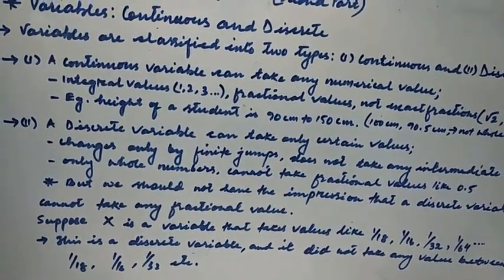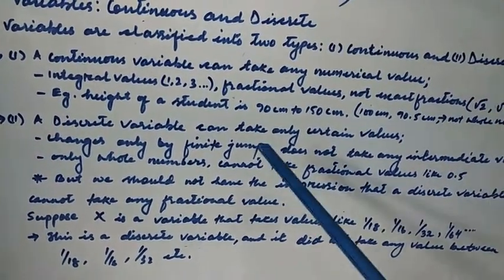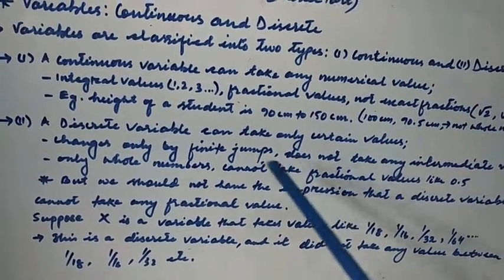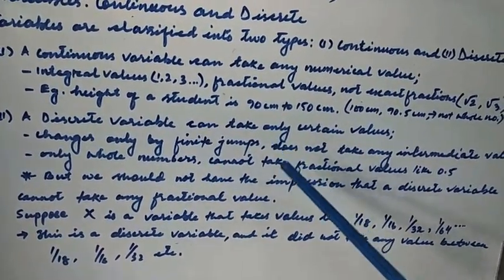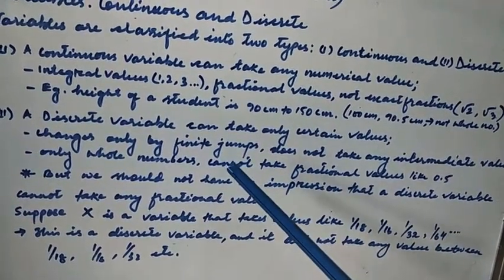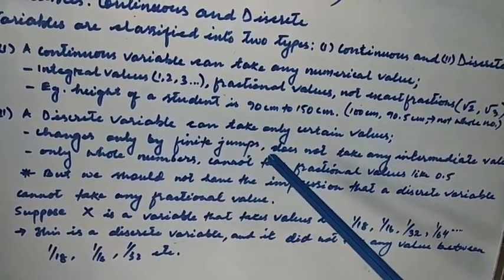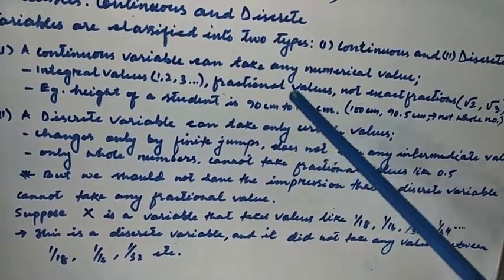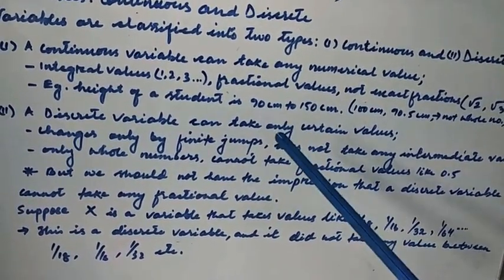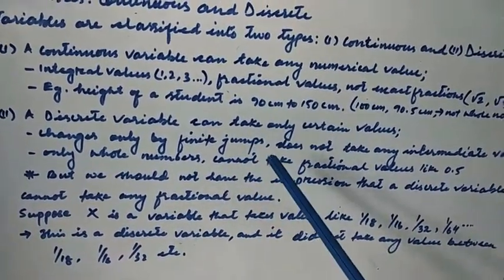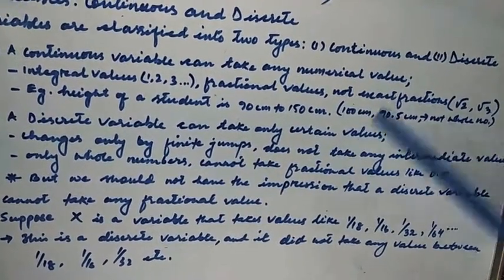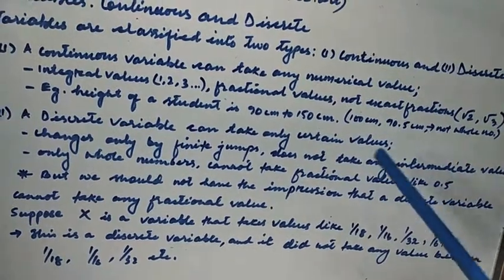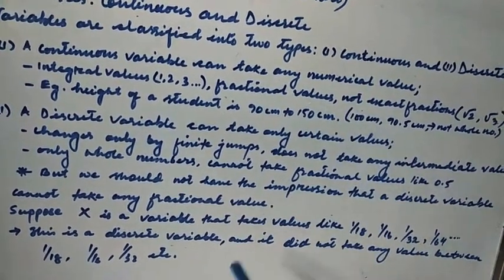Unlike a continuous variable, a discrete variable can take only certain values. It changes its values only by finite jumps. It does not change its values indefinitely, and it does not take any intermediate values, unlike the continuous variable.